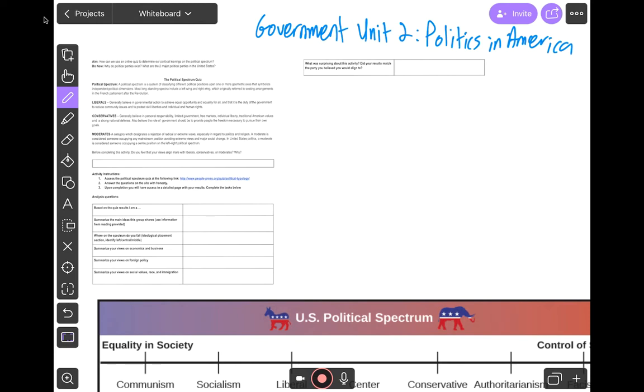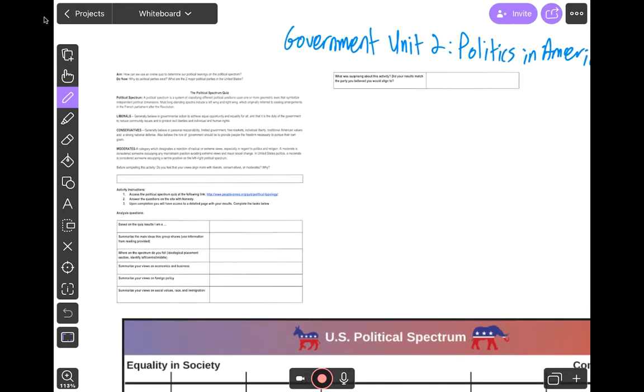And today we're really going to be digging into where your beliefs and views on government and politics lie. So we're trying to figure out where on this political spectrum in America you currently fall based on a series of questions found in an online quiz.